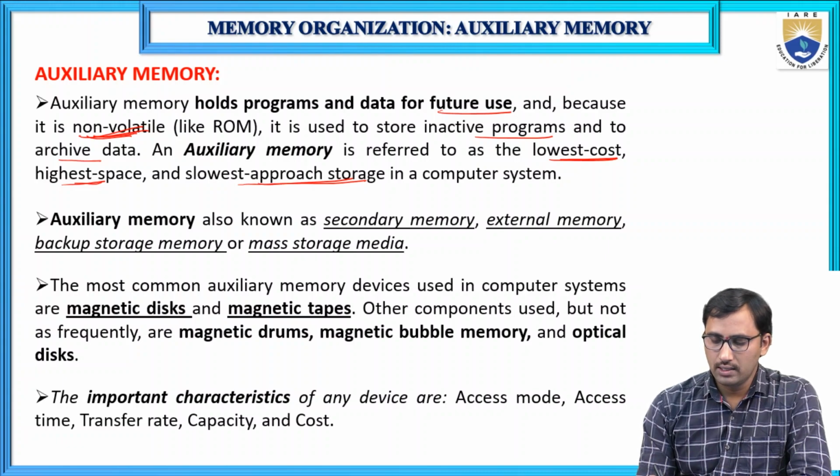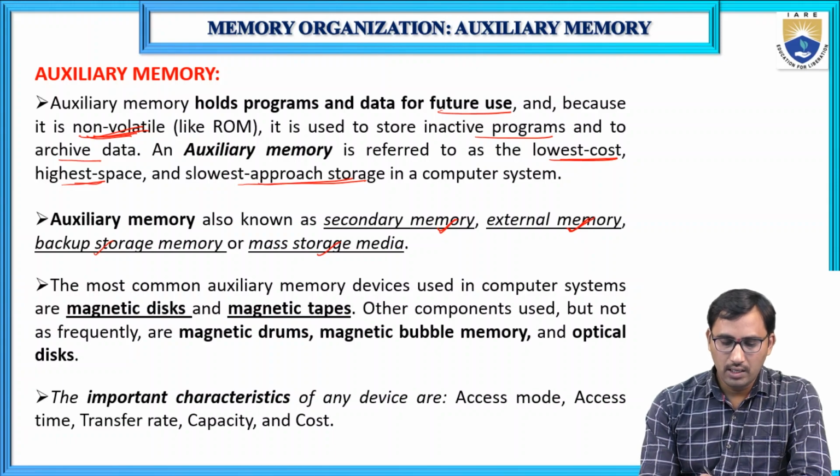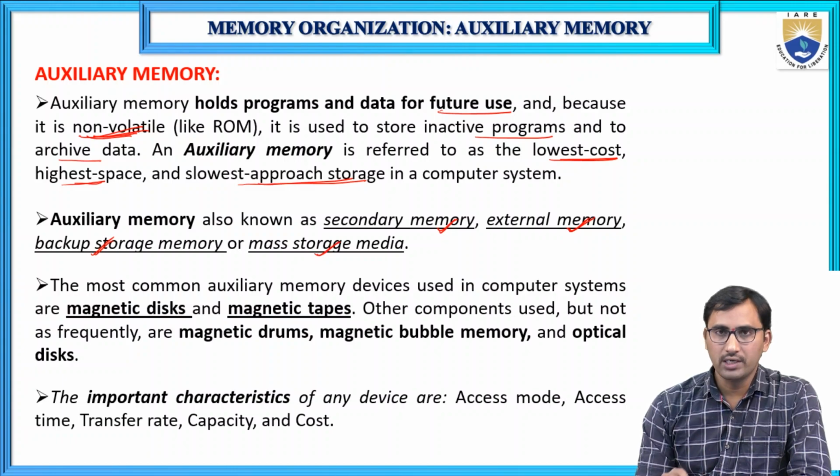We can also call auxiliary memory secondary memory, external memory, backup storage memory, or mass storage media. Secondary memory because it is non-volatile in nature, and external memory because it is available outside the CPU. They are used for backup purposes, hence backup storage memory, and mass storage media because using them we can store a bulk amount of data.